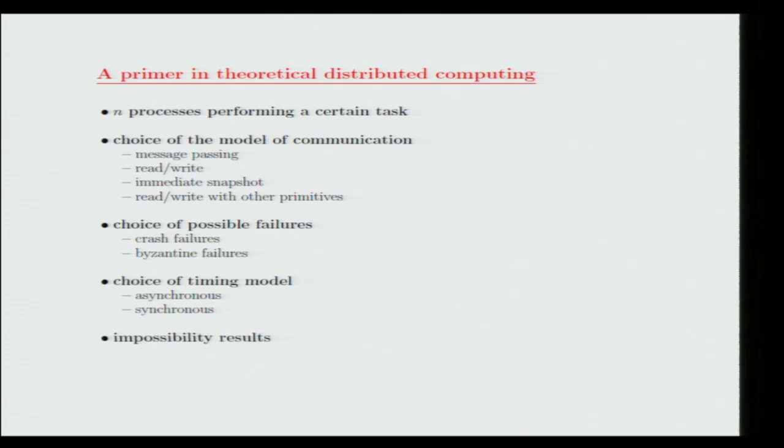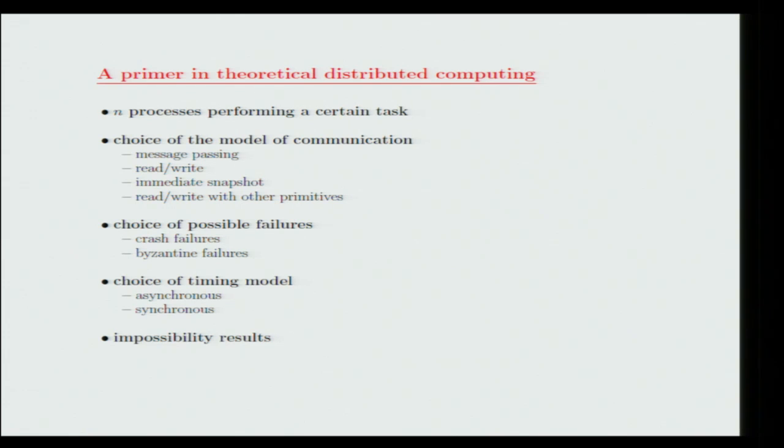And then when they want to understand something about a model of computation, one way is to see which of the tasks can be solved in this model and which cannot be solved. And once you know that they can be solved, another question is how long does it take? So questions of complexity. So it's, of course, classical questions in any theory of computation, solvability and complexity.